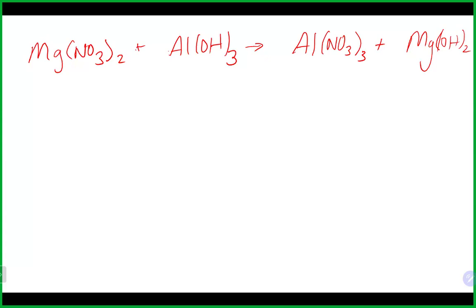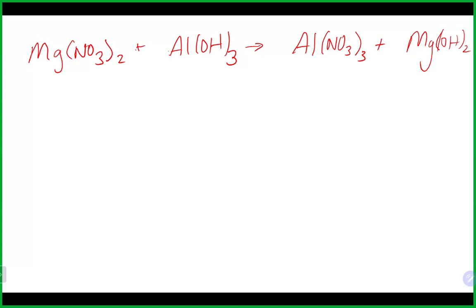If you want to go through and balance it element by element, you could absolutely do that. The problem, though, is when you have something like this with a lot of polyatomic ions, there's a lot of multiplying in and multiplying out if you do it element by element. And oftentimes people will make a mistake when they try to do that.